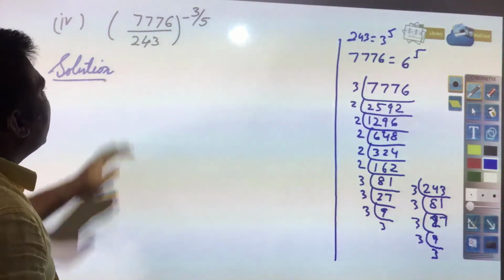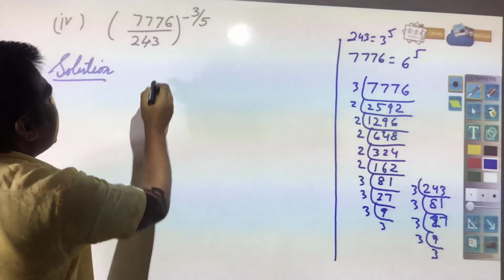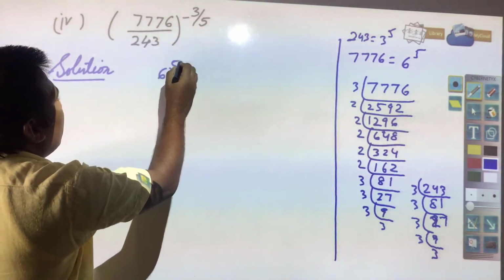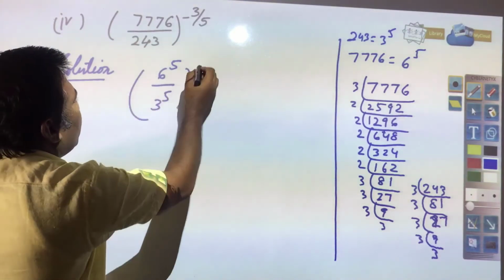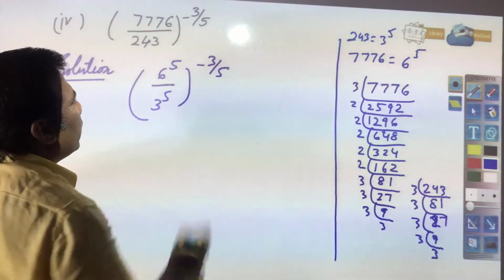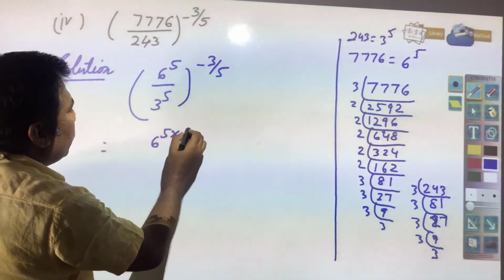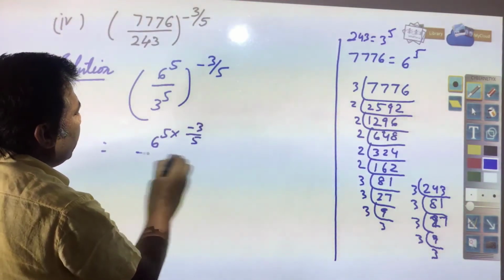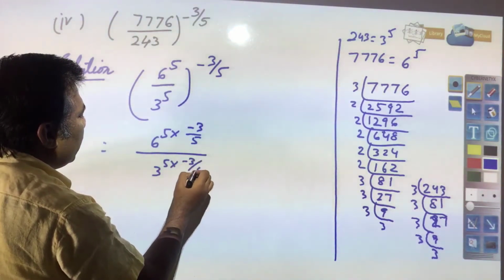7776 can be written as 6 to the power 5, and this can be written as 3 to the power 5 and to the power minus 3 by 5. This will be 6 to the power 5 into minus 3 by 5 divided by 3 to the power 5 into minus 3 by 5.